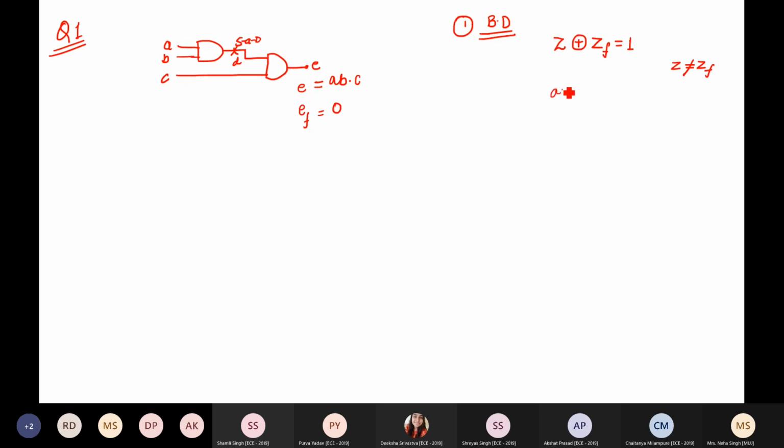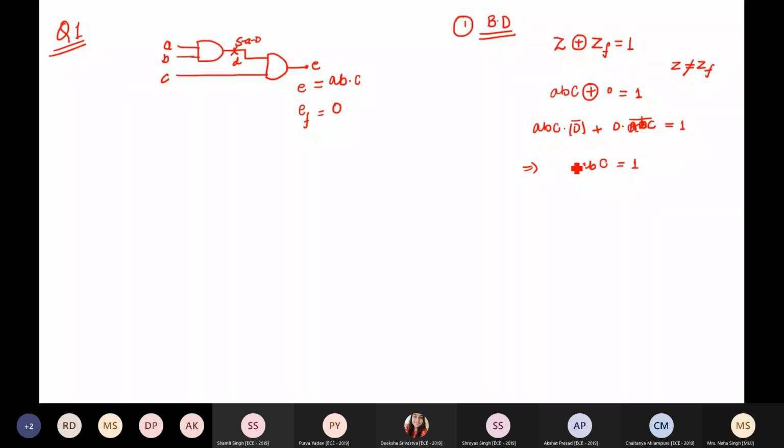Hence my expression becomes ABC XOR 0 equal to 1, which means ABC into 0 bar plus 0 into (ABC) bar will always be true, which simply means this is ABC.